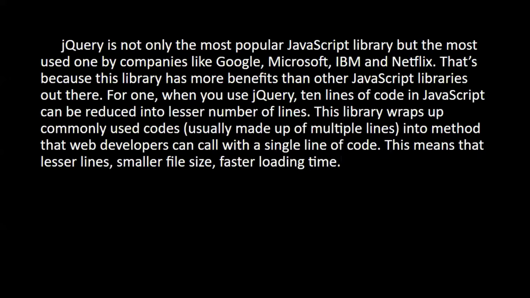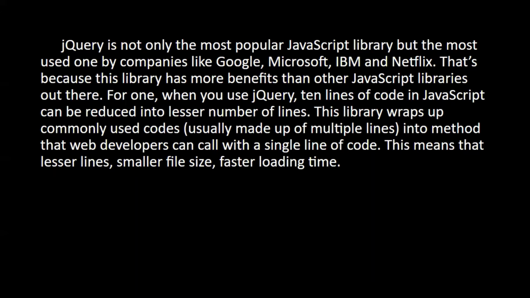It means to say, as a coder, we don't need to write a lot of code. We don't need to remember a lot of code. Thanks to jQuery, since it is a library of code, it makes our life as a coder easier, and at the same time, it makes our website load faster.